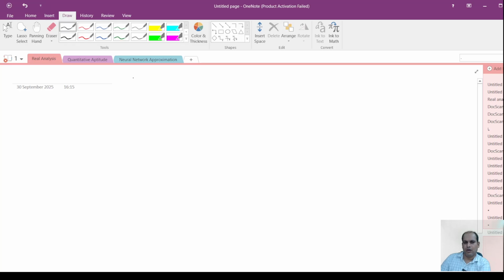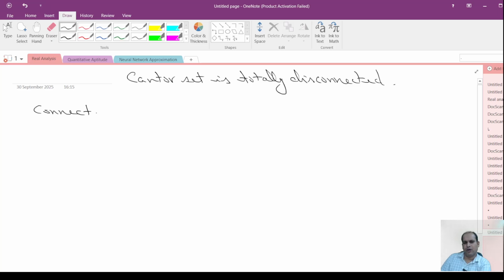One more property: the Cantor set is totally disconnected. Actually, all those sets are said to be connected. I am just giving a brief idea.